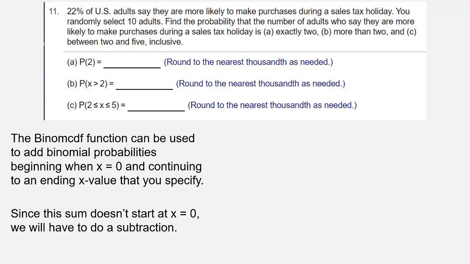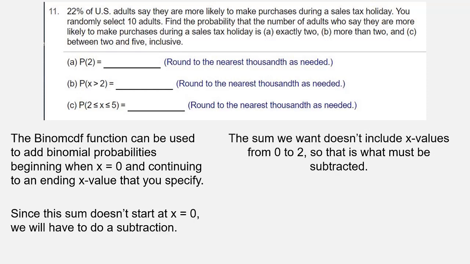Right, we saw it was the probability of 3 plus the probability of 4 all the way up to the probability of 10. That means we're looking at a complement here. We're going to have to do a subtraction. The sum we want doesn't include x values from 0 to 2. So that's what we have to subtract. We're going to use this binomCDF function to add up the binomial values from 0 to 2 and then subtract from 1, and that'll give us the binomial values from 3 all the way up to 10.